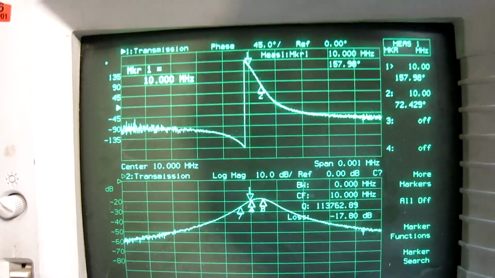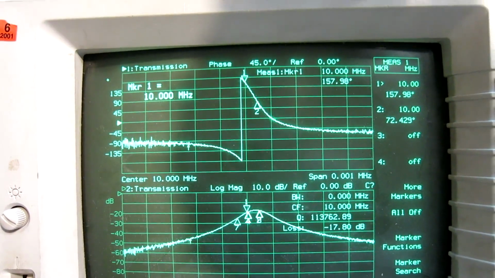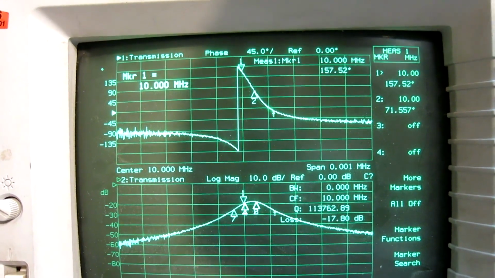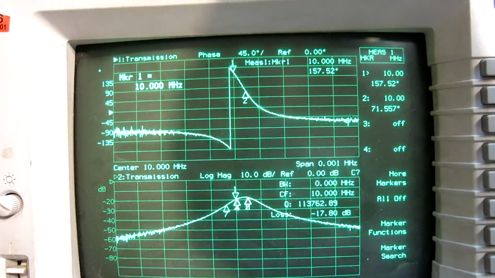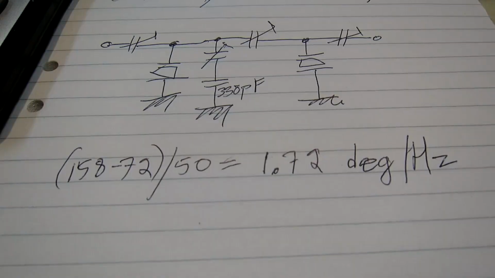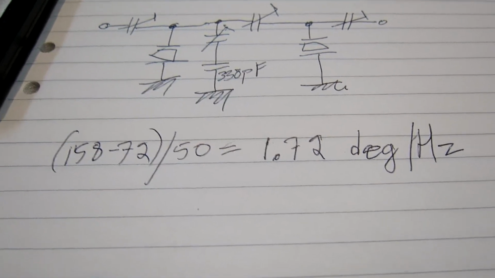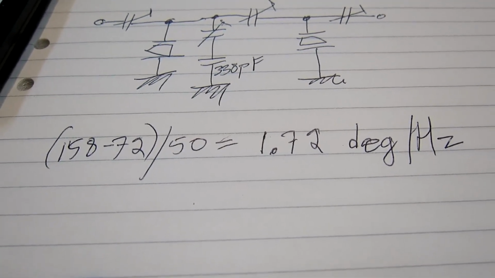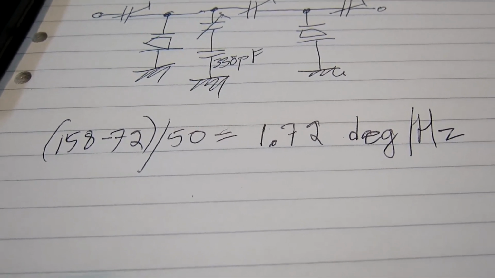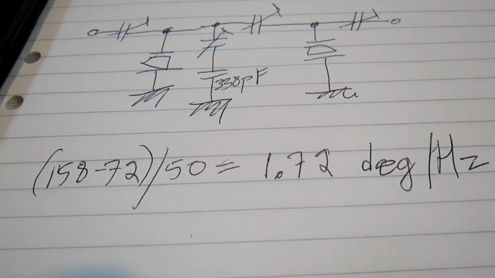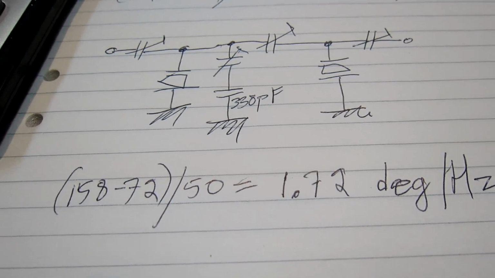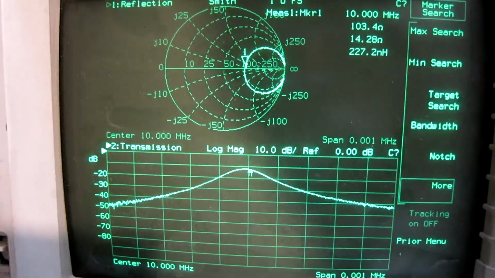The phase now goes from 158 to 72 in 50 Hz. This means that the derivative of phase versus frequency is twice as large as before. But that is at the expense of a much higher loss, so I will tune it a little bit differently.